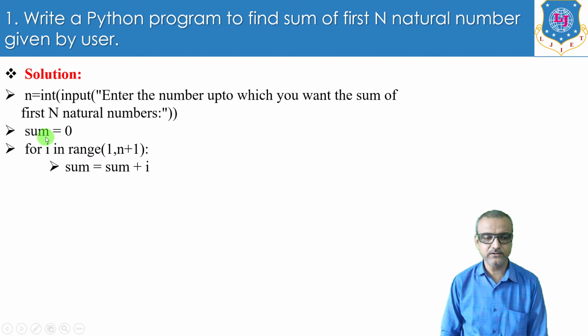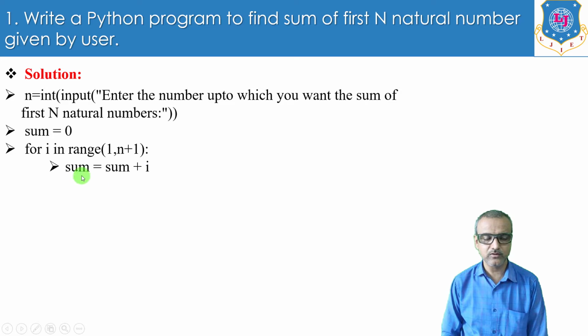Here we have initialized the value of sum as 0, and initially the value of i is 1. So sum equals 0 plus 1, and the sum will become 1. For the next iteration i will become 2, and the value of sum is 1, so 1 plus 2 is 3.